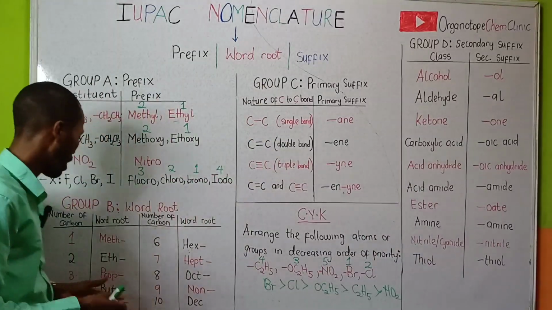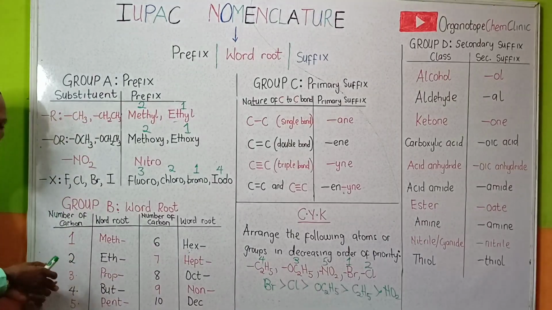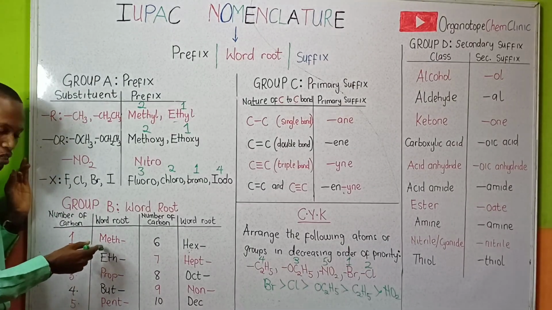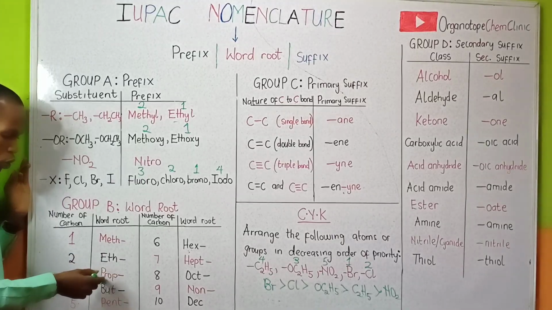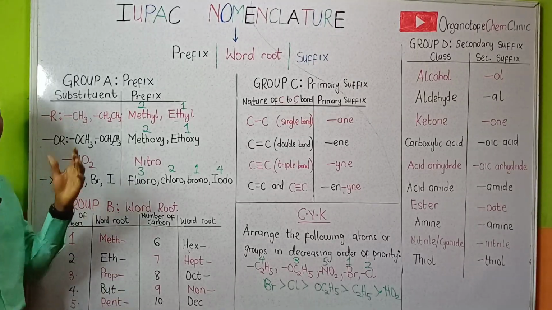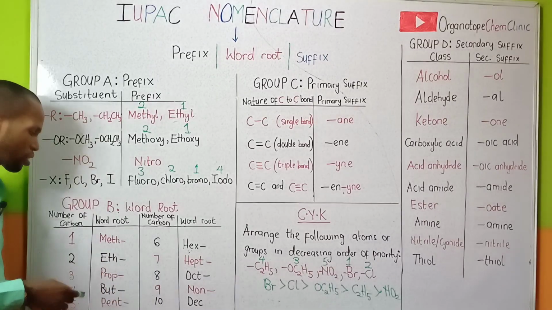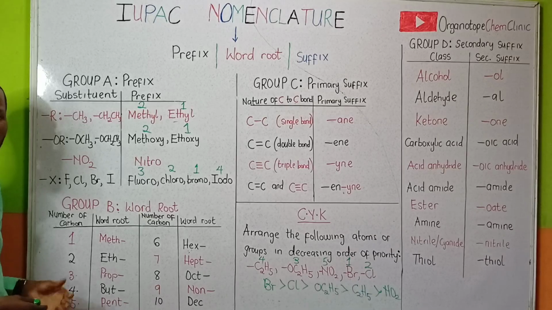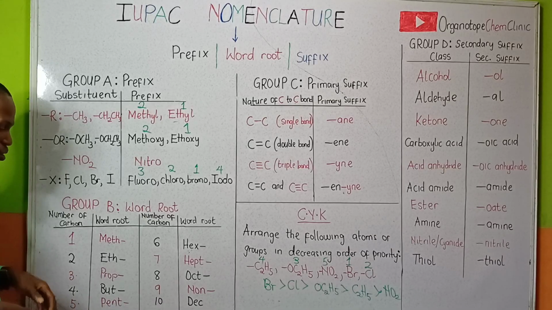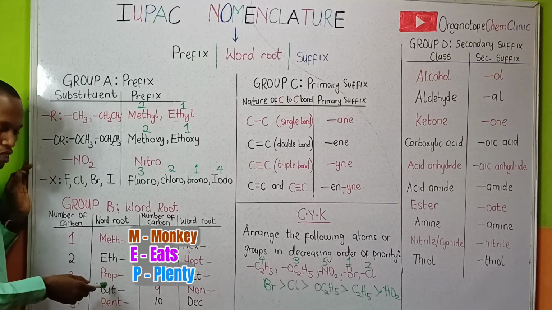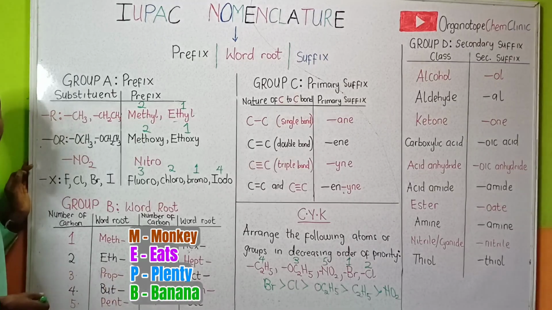Now let's consider the number of carbon atoms. When we have one carbon atom, it is called meth, 2 eth, 3 prop, 4 but. You can check my previous video lessons on hydrocarbons where I made mention of the list of members of the alkane series. So we have monkey eats plenty banana for the first 4 members.